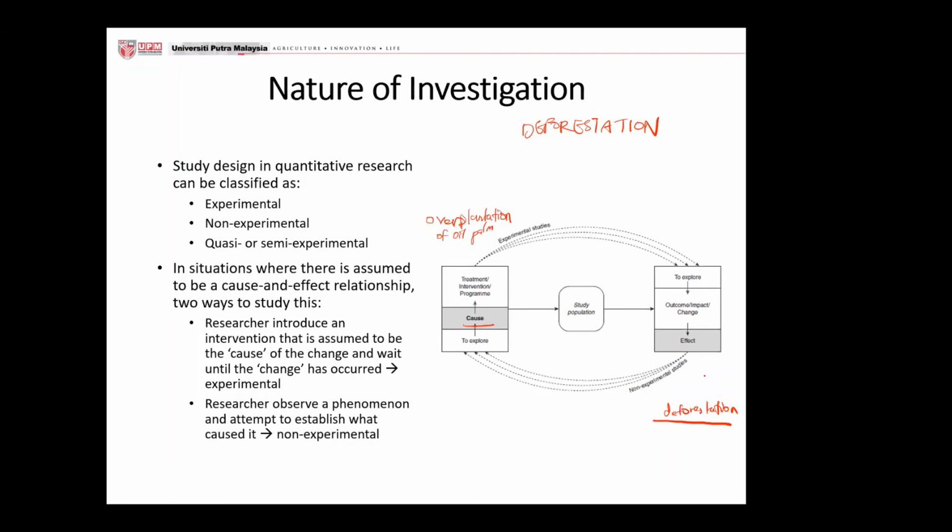So I want to explore what are the causes of this one. So it looks almost similar, but it depends on where you are looking from. Whether you look specifically from the cause and you want to study the impact, or you are looking at the impact, what is already there, and you want to find out what are the causes. So that will determine whether it's experimental or non-experimental.